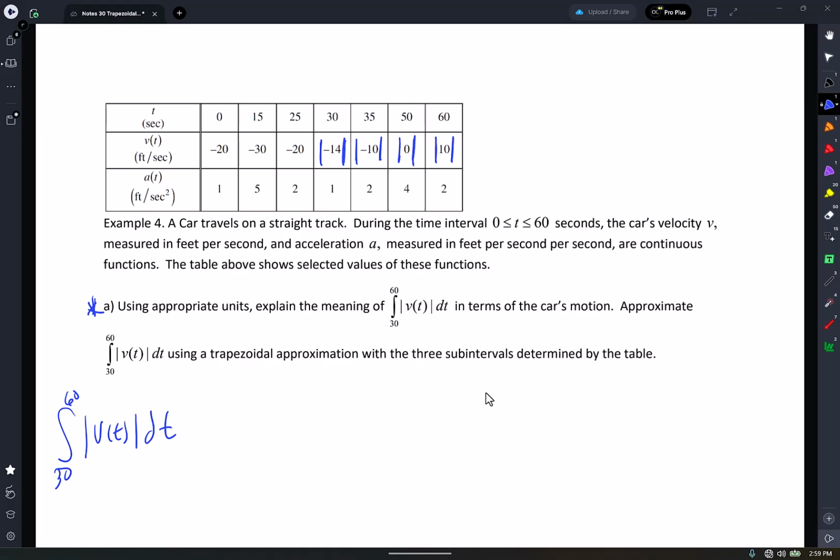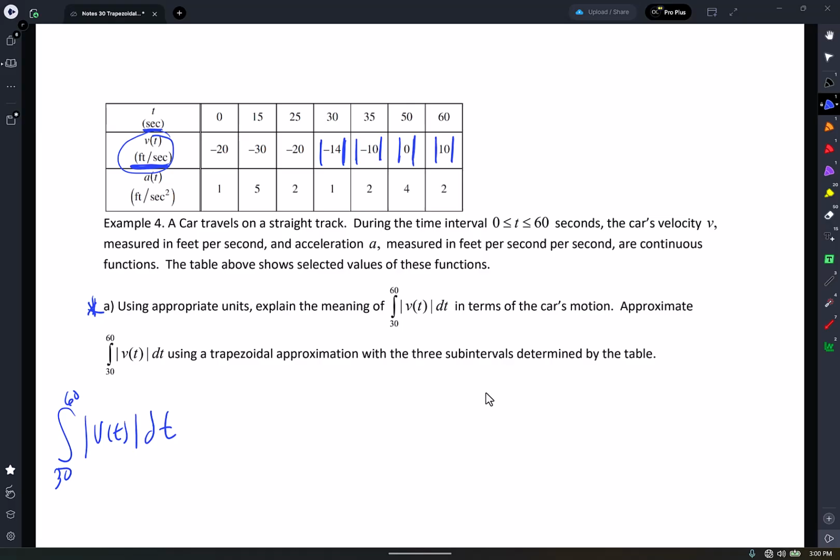Let's think about what it means to find area under this curve. Remember, these are positive numbers because it's the absolute value. Feet per second times second. What will that give me? This is velocity. I'm finding area under the curve.